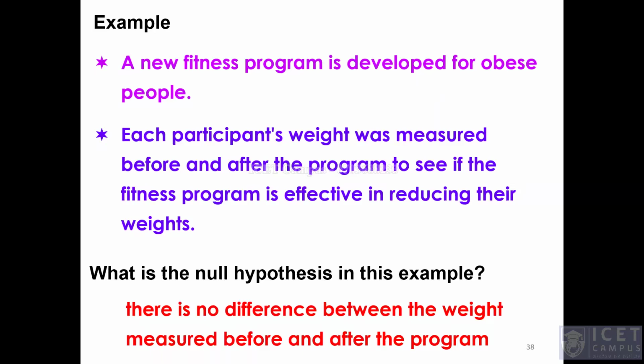There is a fitness program. Before the program, weight is measured. After the program, weight is measured again. The researchers want to identify whether there is a difference between these two weights. It means we need to check the successfulness of the program.